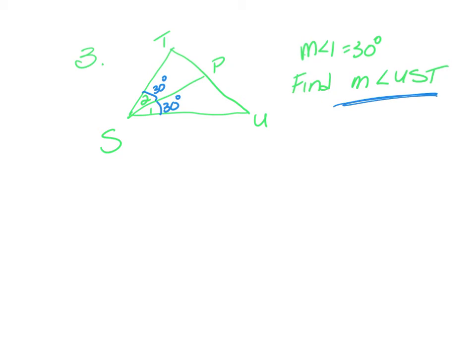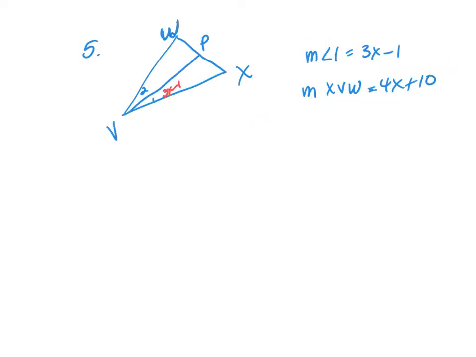What I'm going to do to make sure I understand this is I'm going to go from U to S to T with my pencil, and I see that that incorporates both of those angles. So what is the measurement of UST? 60 degrees. That is correct. So I'm going to put what they gave me, 3x minus 1, under angle 1.